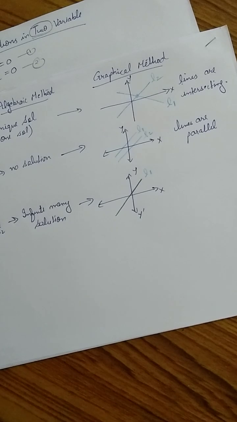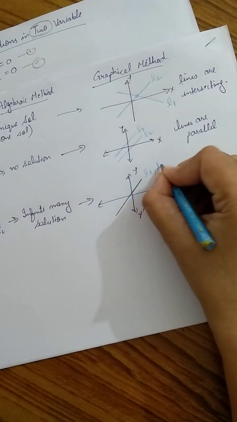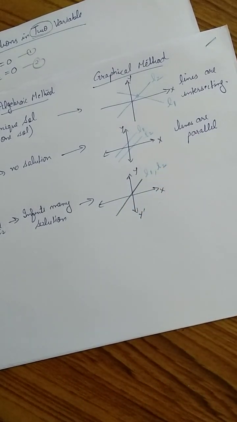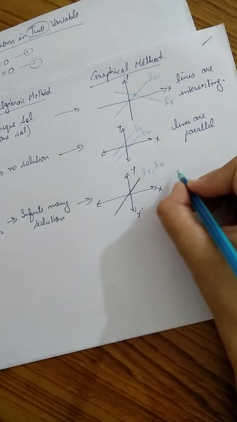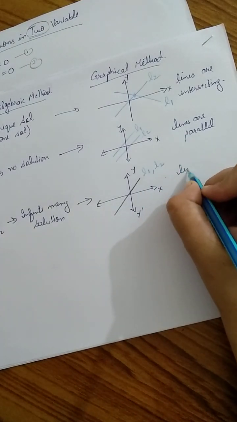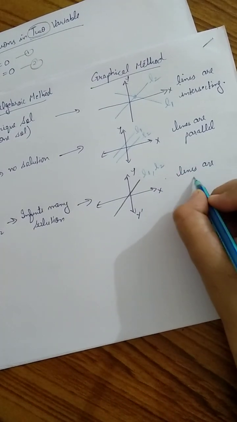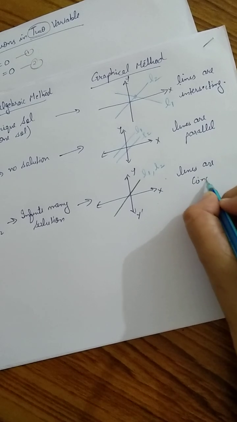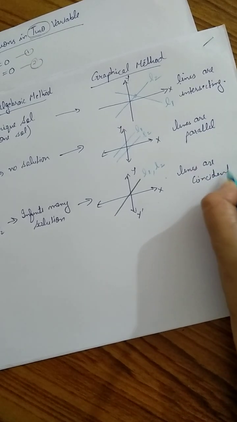Coincide means both the lines lie on each other. So in this case the lines are coincident.